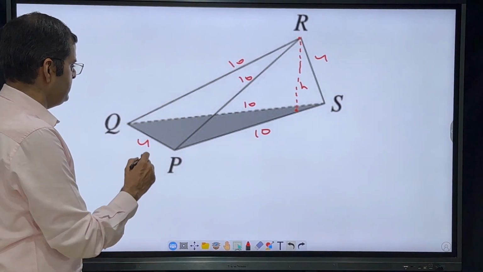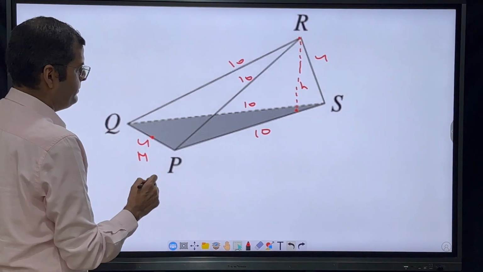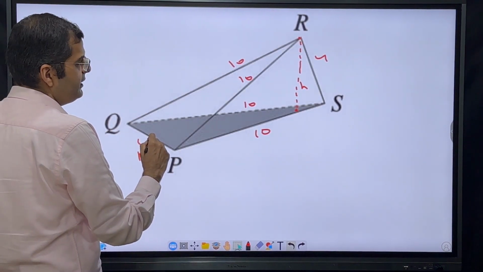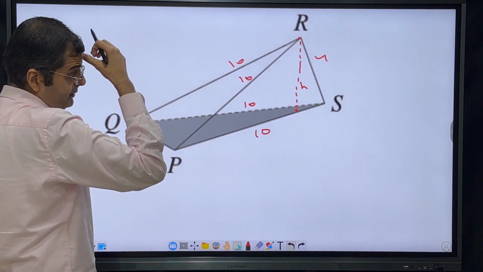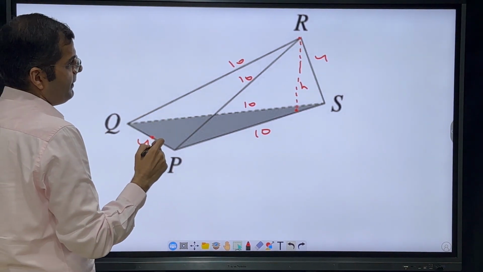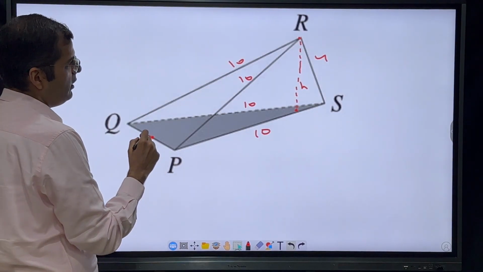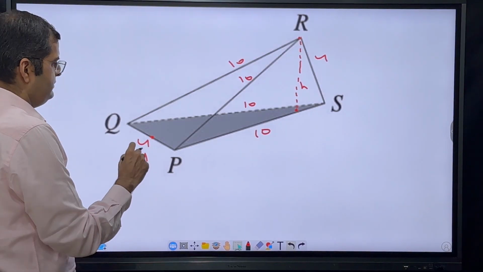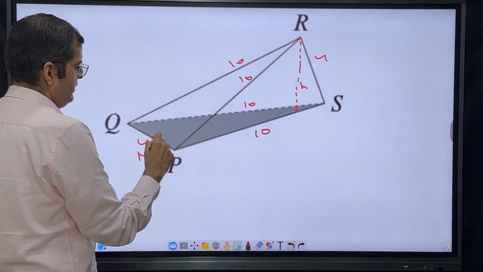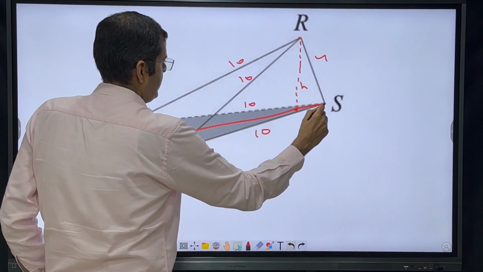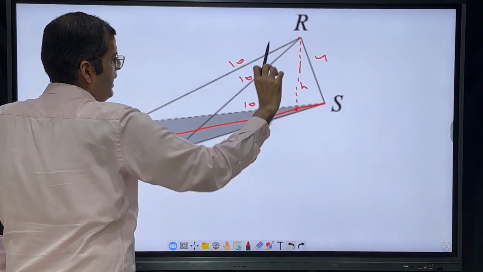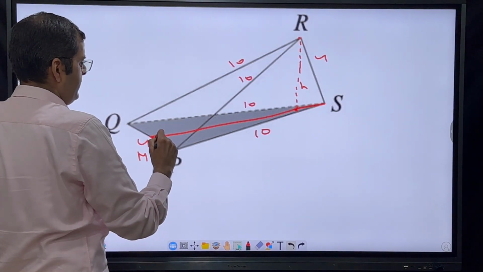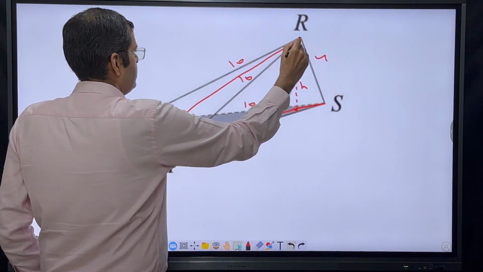Here it was the midpoint M. I will drop a perpendicular on the triangle MSR. So I have this triangle, with M, S and R. RS is 4.